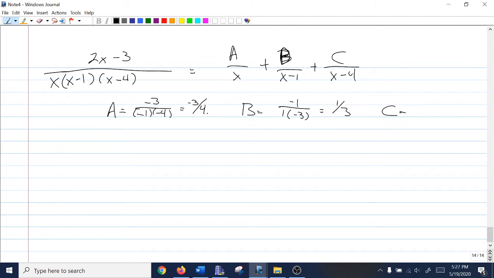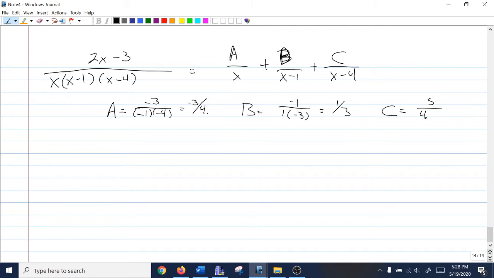To get C, I'm expecting to have a denominator of 12, given this 3 and this 4. I want to cover up the x minus 4 and plug in 4. 2 times 4 minus 3 is 8 minus 3 is 5 on top. Plug in 4 on bottom, covering up the x minus 4, I get 4 times 4 minus 1.